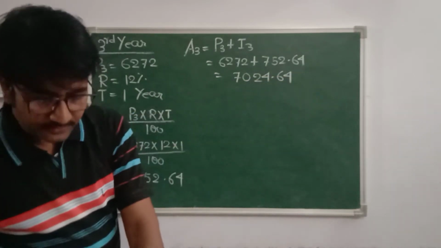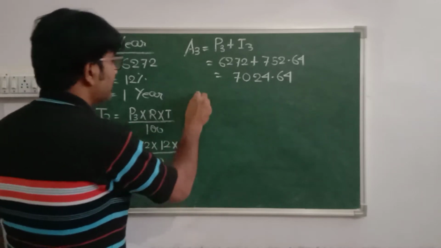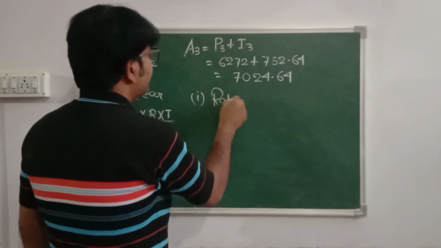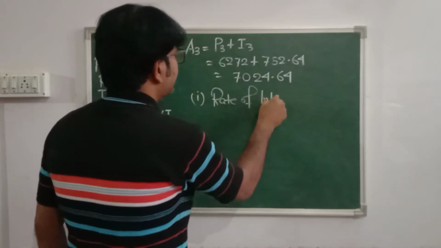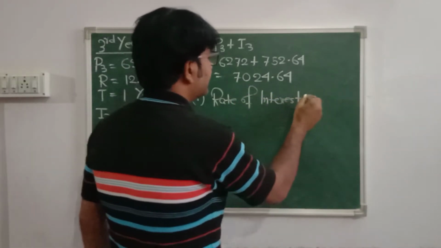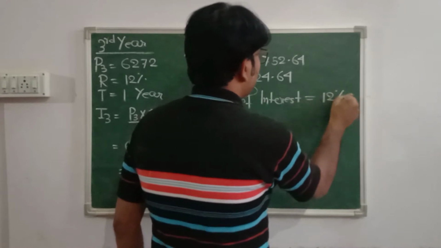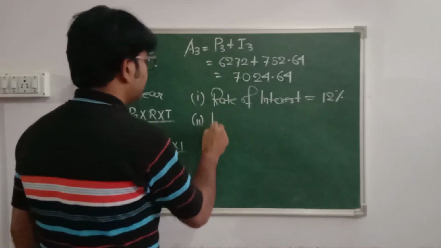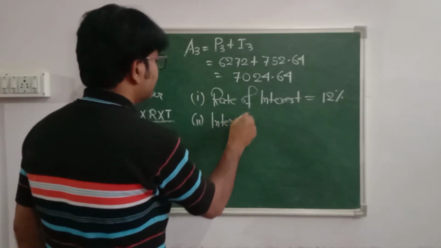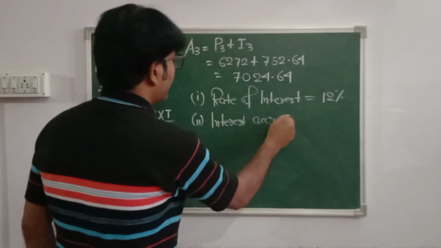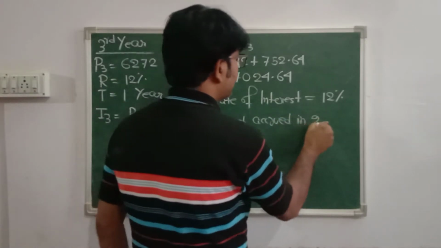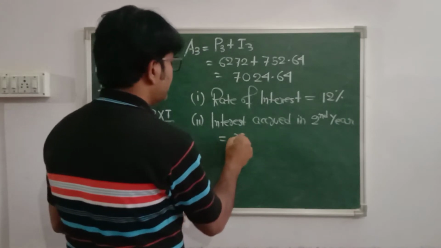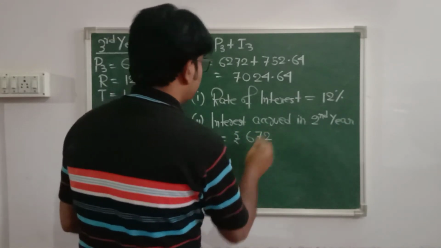Now what is required in the question you will write simply. So the first point required was the rate of interest per annum. So we write rate of interest, that has come to 12%. Second is the interest accrued in the second year, and that is equal to rupees 672.